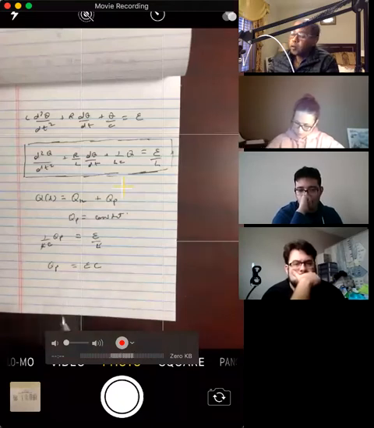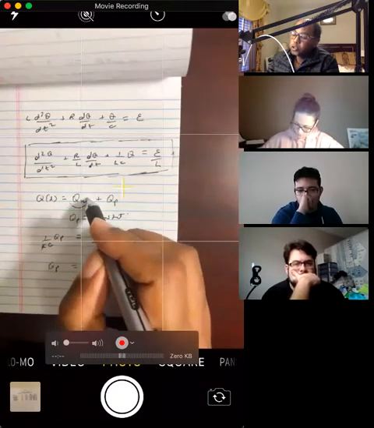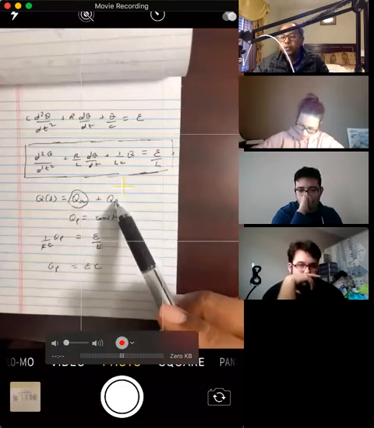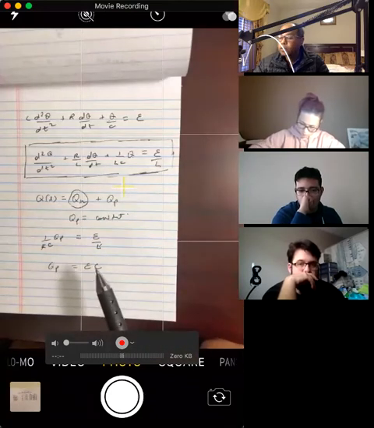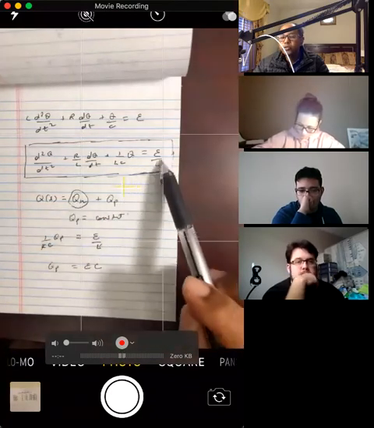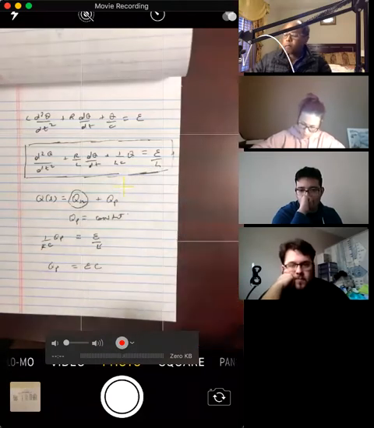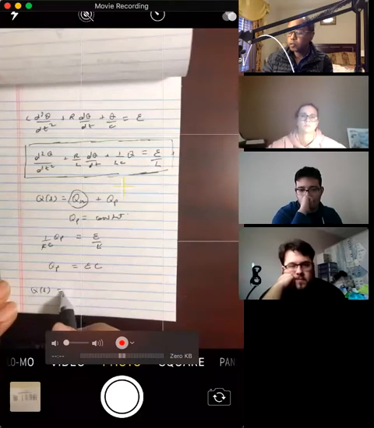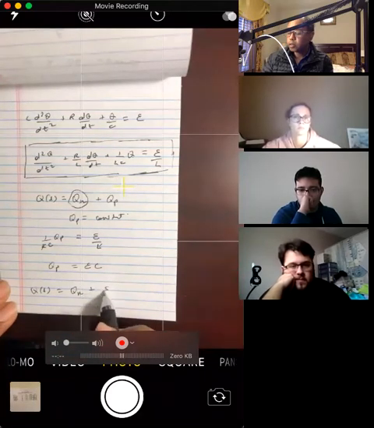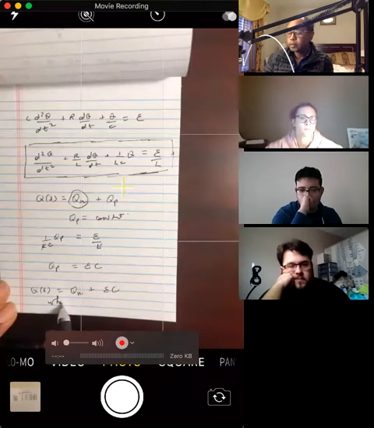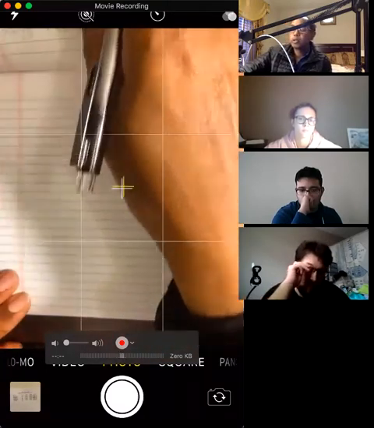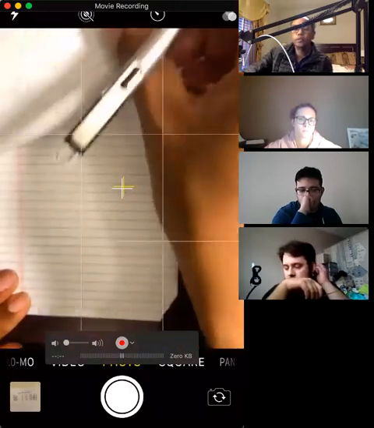All right, so now all I have to do is find this other solution. The general solution will be this solution plus this particular solution. So for the homogeneous solution, we said this is 0. Our solution can be written as Q of t equals QH plus QP, where QH is the solution of the homogeneous differential equation.